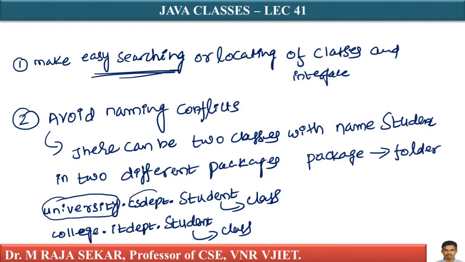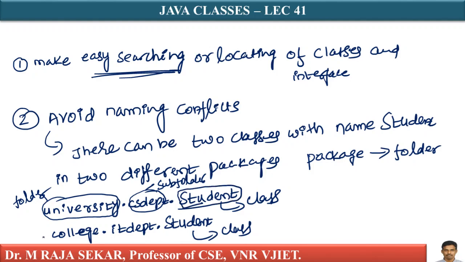It is a folder, and this one is a subfolder. I can keep one folder in another folder. I created a big folder, university, in which I am creating one more folder, csdept, in which I am keeping a student class.